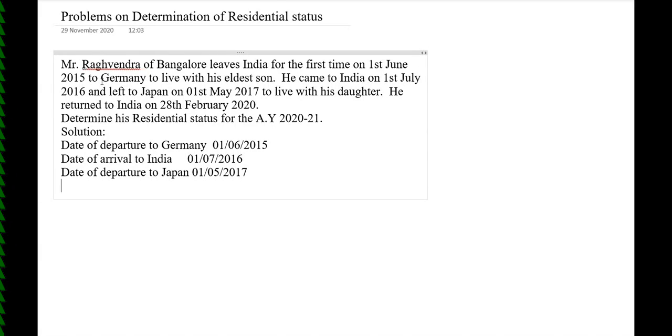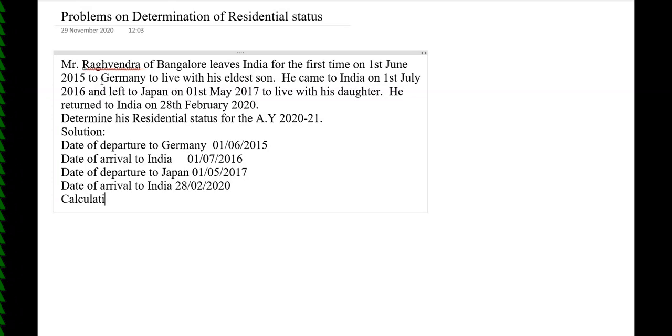Then date of arrival to India from Japan, it is 28th February 2020. So now let us calculate here.